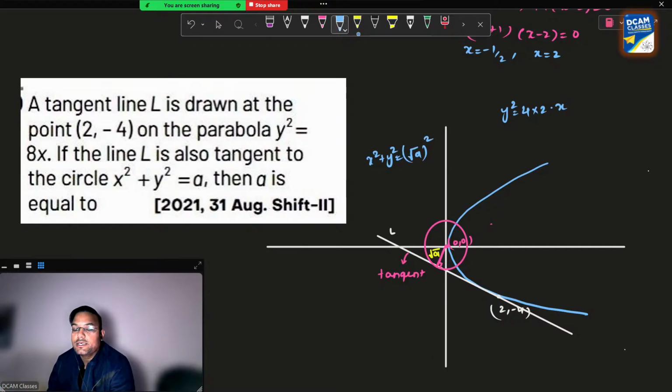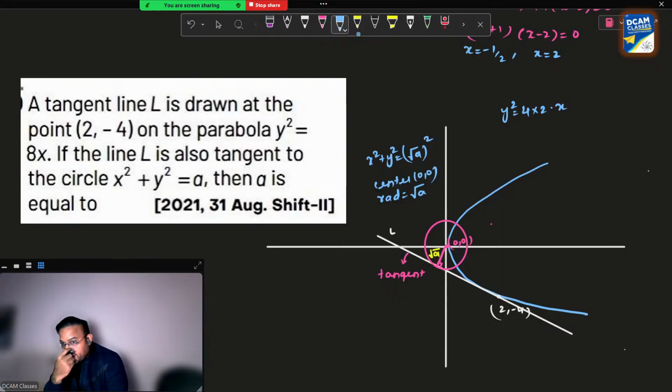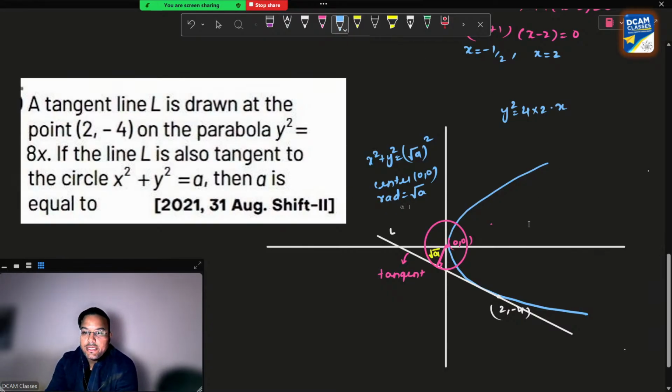So the radius of the circle is root a and the center is 0, 0. So first you have to find out the equation of tangent at 2, minus 4 to this parabola, and then find out the length of perpendicular from 0, 0 to this tangent. That should be equal to root a.